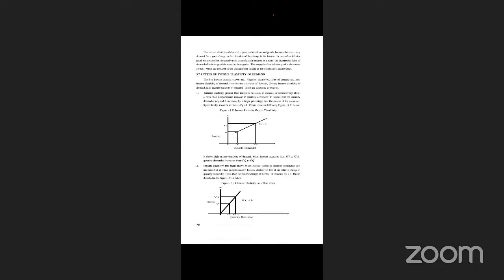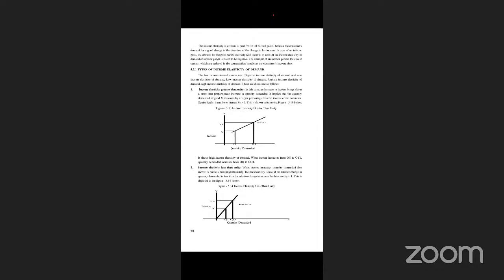Income elasticity of demand, if you look at, this is represented as EY greater than 1 when an increase in income brings an increase in quantity demanded. If your income is increasing, the quantity demanded also will increase.